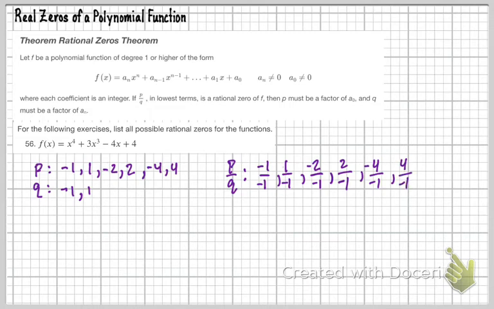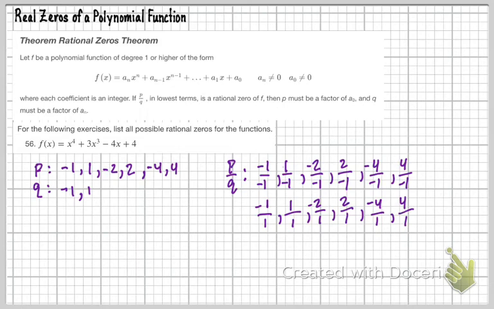So what I did first here was take all of the numbers of p and divide them all by negative 1. Now these all simplify, of course, but I'm just writing them all out. Now I'm going to do the same thing with 1: negative 2 over 1, 2 over 1, and now with the positive 1, negative 4 over 1, and then 4 over 1.